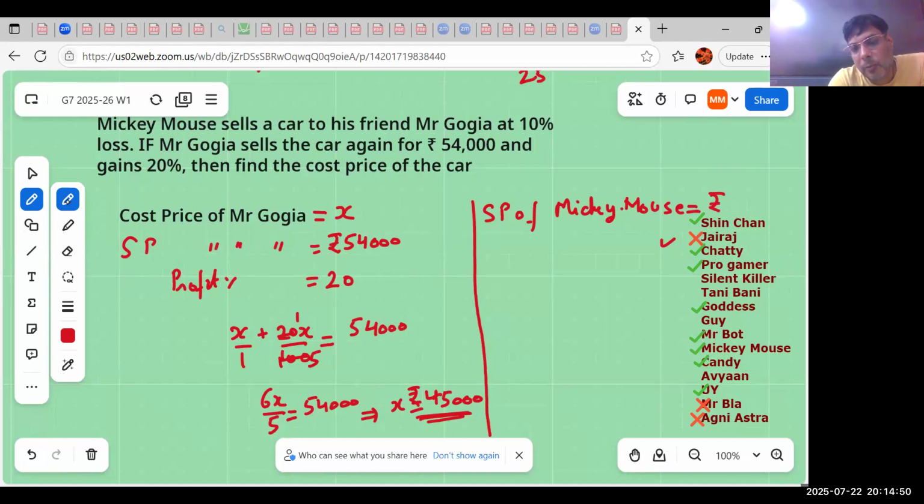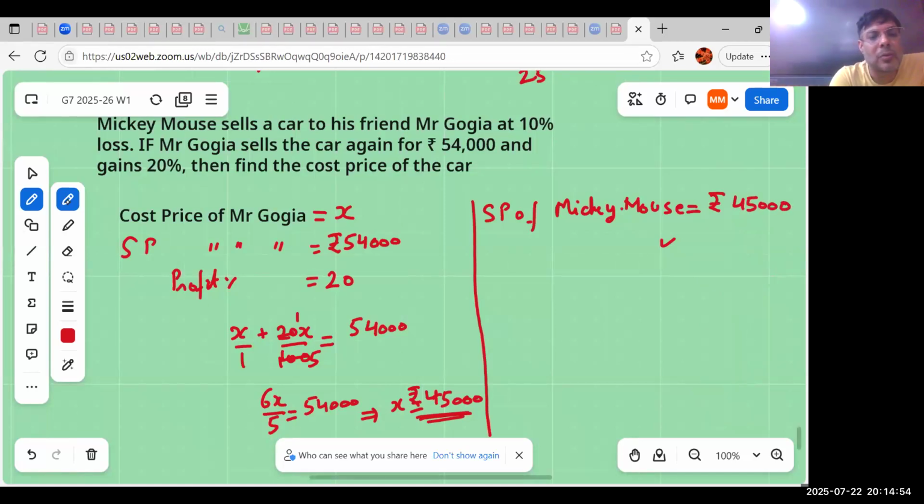Ma'am, please remove the names. So that is equal to 45,000. Now this is the SP of Mickey Mouse. Loss percent is equal to 10%. And we have to find the cost price of Mickey Mouse.